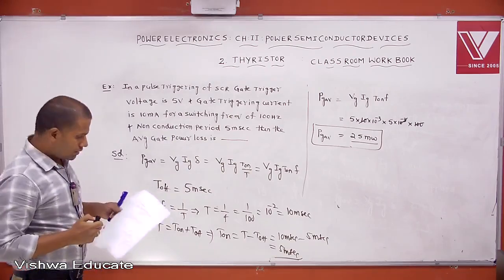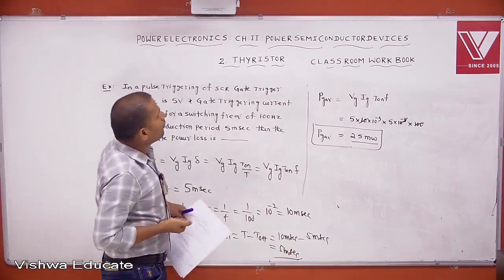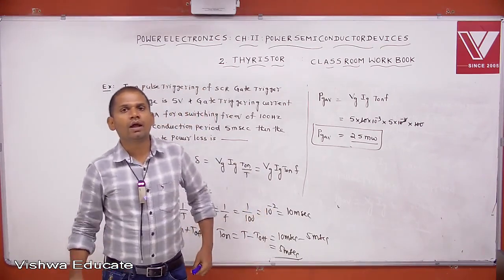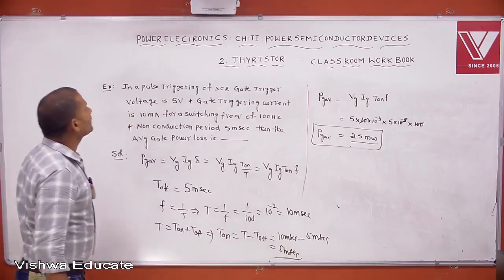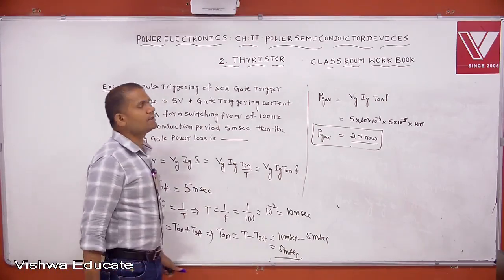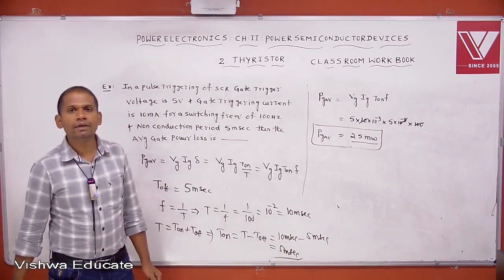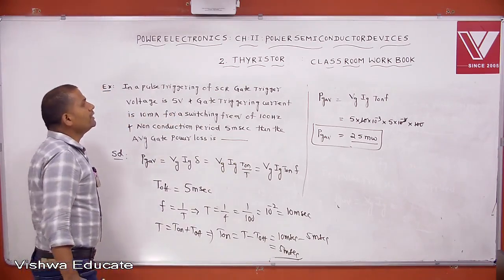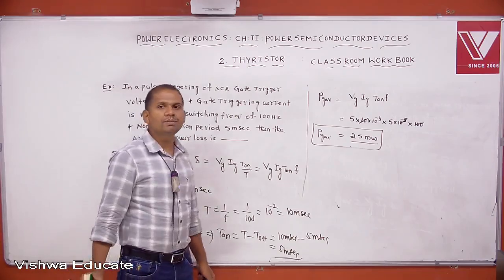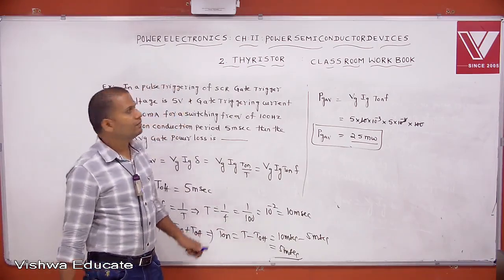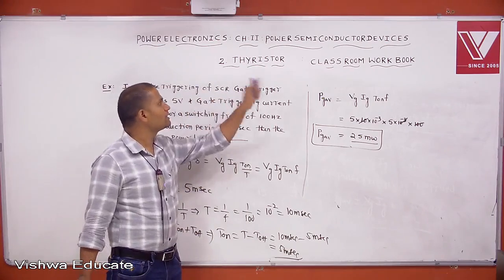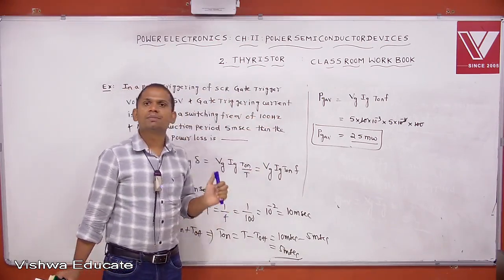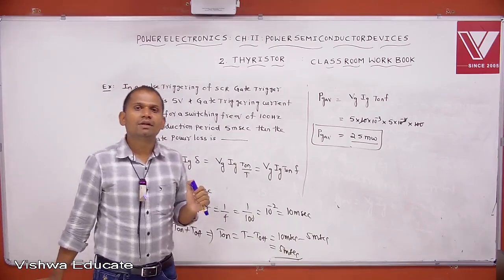With this, the classroom workbook questions based on the concept of turn-on methods, gate characteristics and switching characteristics are completed. In the next session, we will continue with the next concept in the thyristor, in chapter 2, that is power semiconductors.